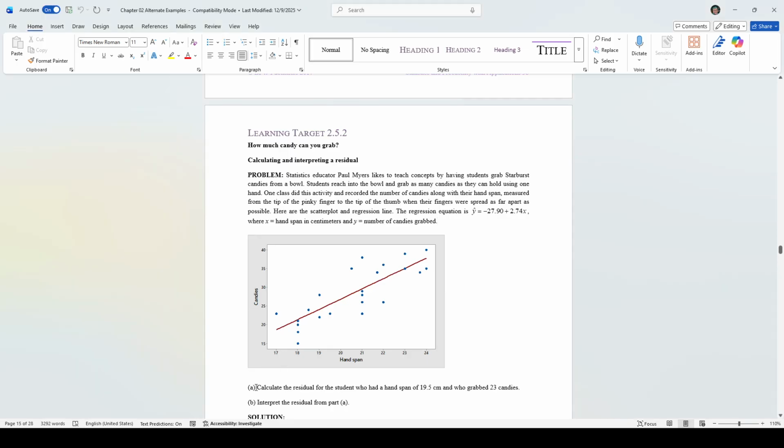We see that you need to calculate the residual, and we also need to interpret the residual. So I would go ahead and pause the video right here and see if you can solve this yourself. Pause the video, get some paper, write it out, and let's see if we can get this answer correct.